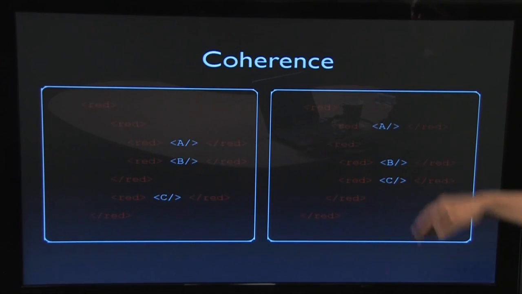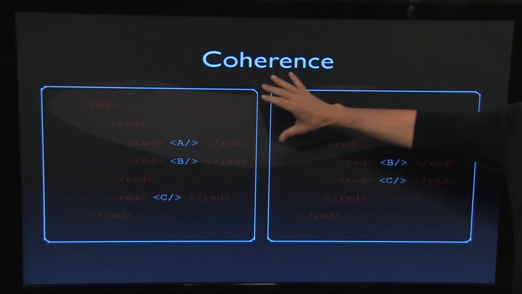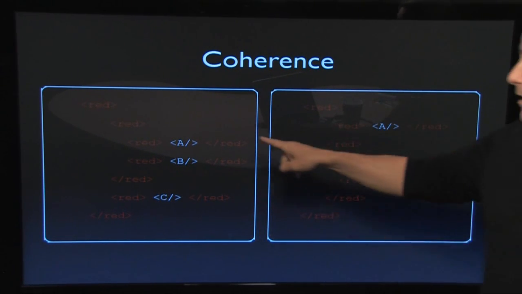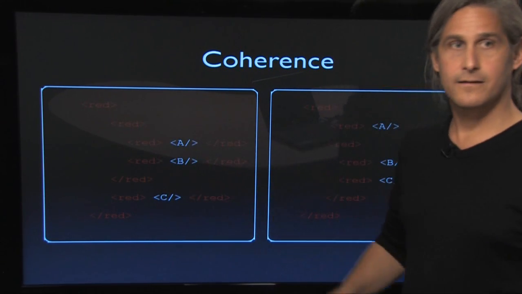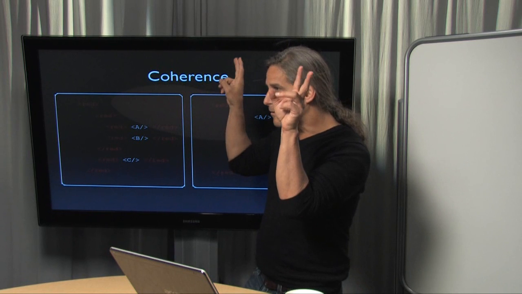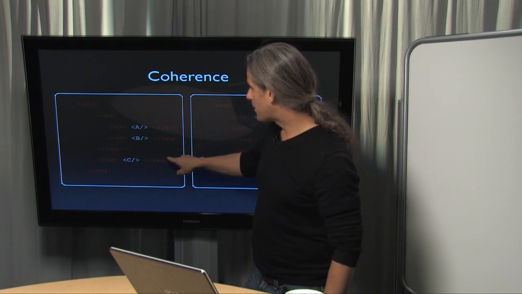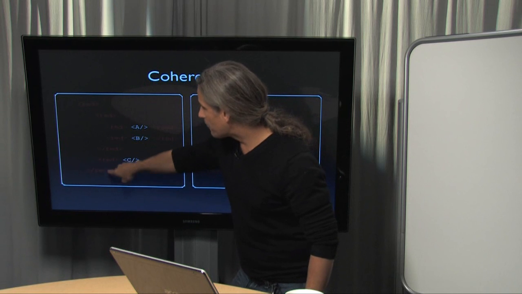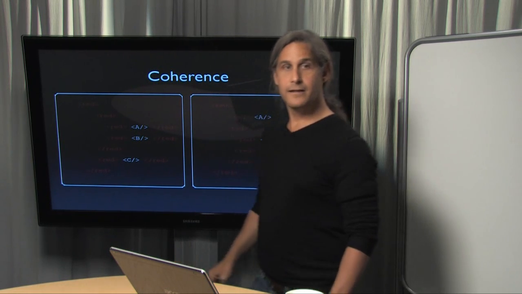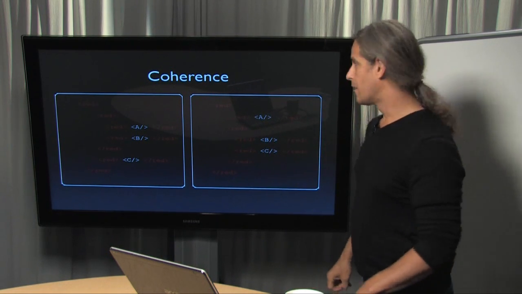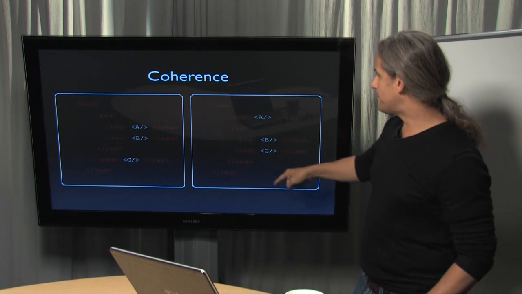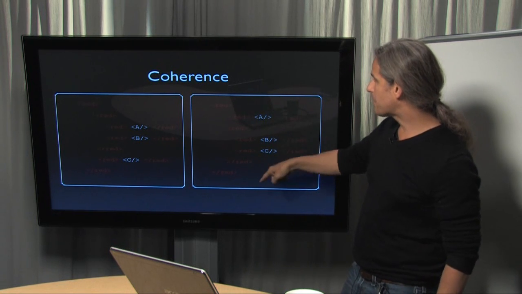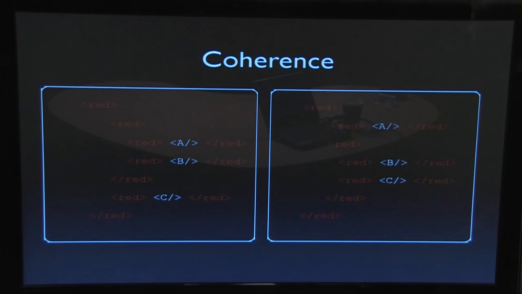So here, essentially we've expressed the same idea. Suppose I make a red A and a red B, and then I sum them up, right? And I make my red C, and I sum them up. It's got to be the same as if I did it in the other direction. That's essentially a statement of a coherence condition.